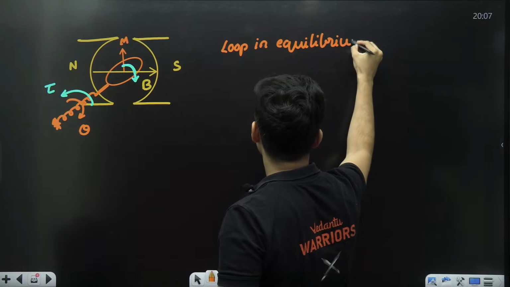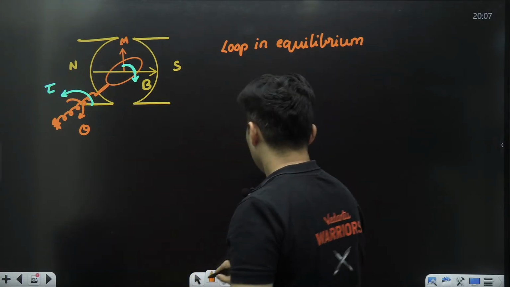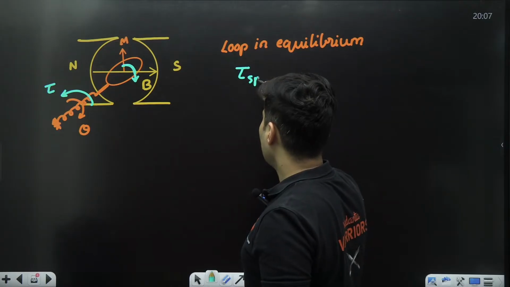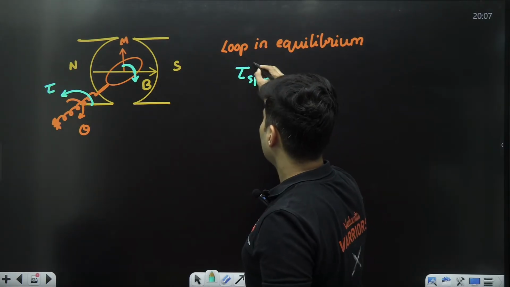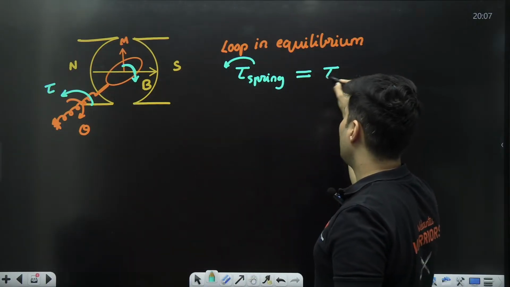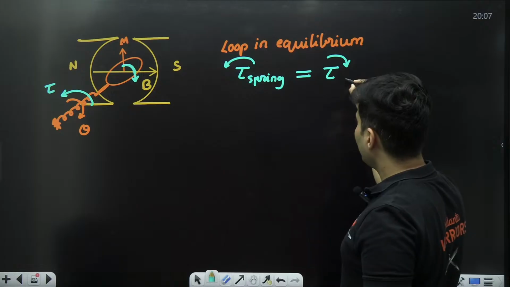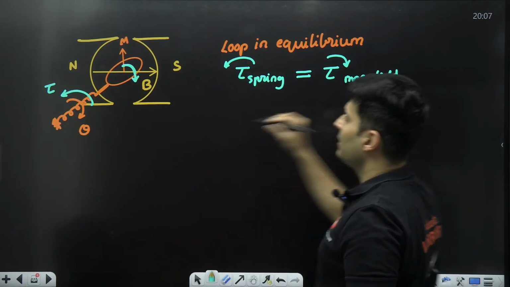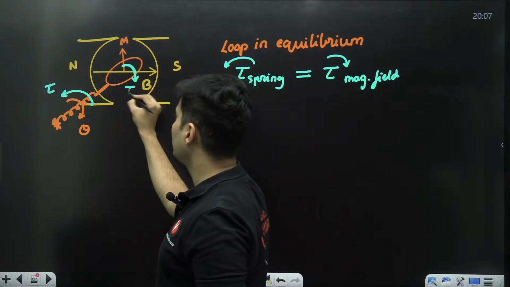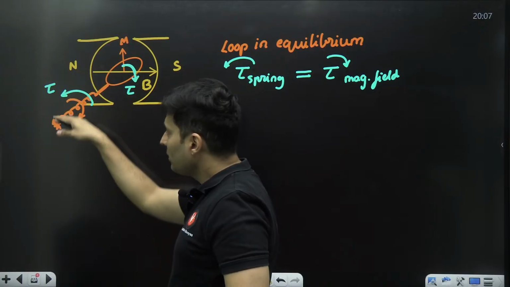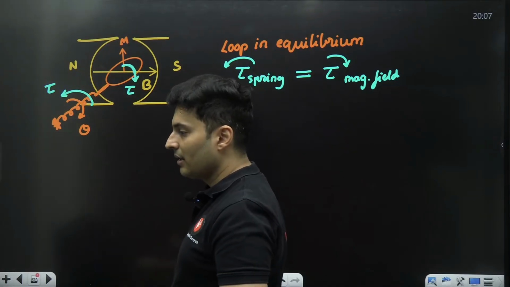It will be in equilibrium if the restoring torque by the spring, which is trying to bring it back, is exactly balanced by the torque by the magnetic field. The magnetic field is producing a torque like this, trying to rotate it, and at the same time another torque is trying to bring it back.